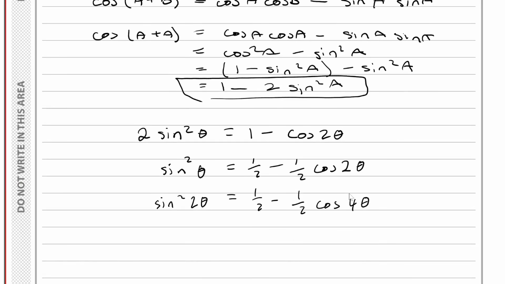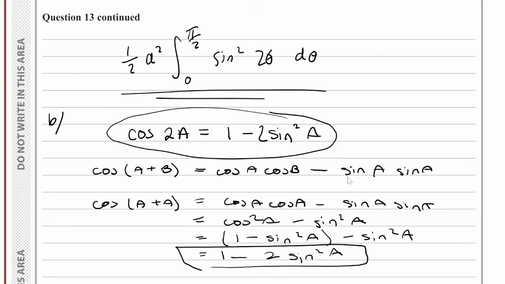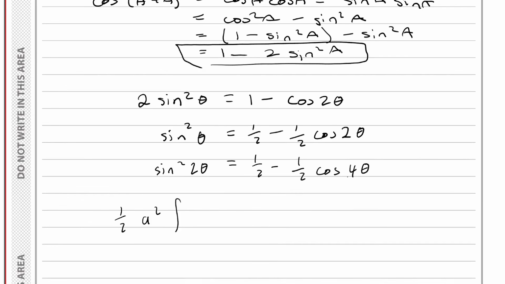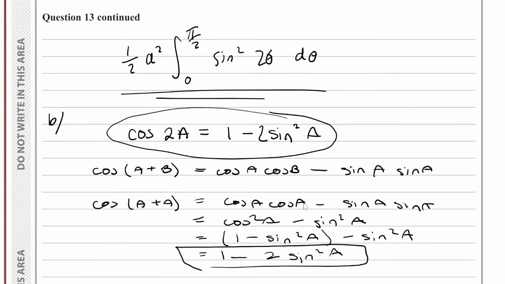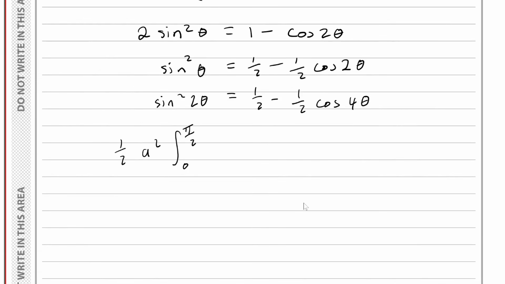So it's half of a squared times the integral between pi over 2 and 0 of half minus half cos 4 theta with respect to theta.